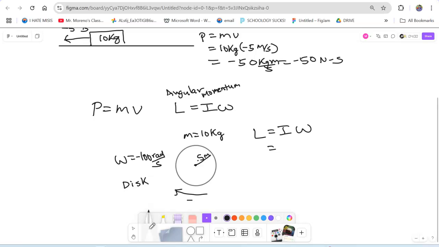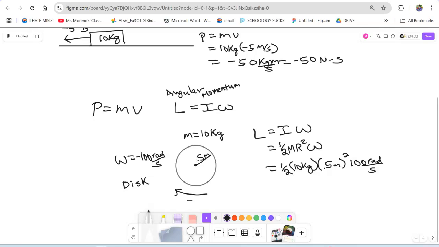The moment of inertia for a disk is 1/2 m r squared, times omega, and that's going to give us an angular momentum of 1/2 times 10 kilograms times 0.5 meters, make sure you square it, times the angular velocity, 100 radians per second.